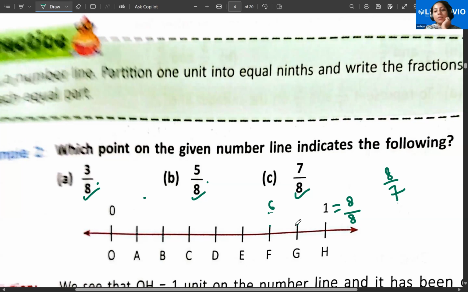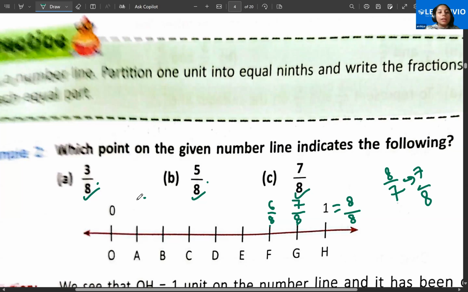Okay, 6 by 8. So is point G 8 by 7 or 7 by 8? 7 by 8. Yes, because we have to keep the denominator same, right? So 7 by 8. Now let's start from the beginning.